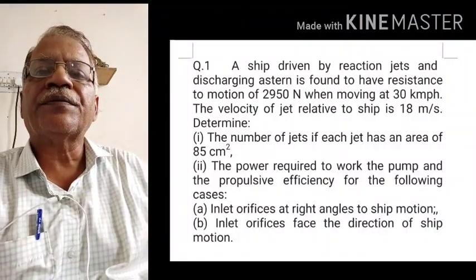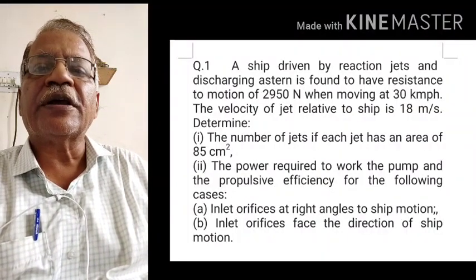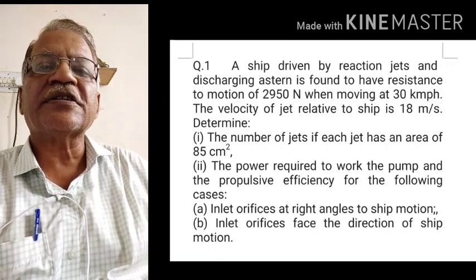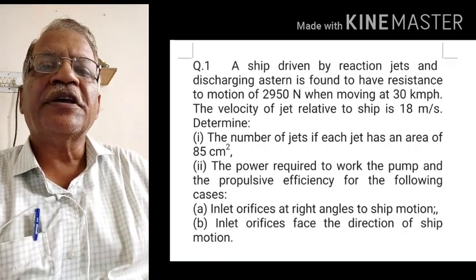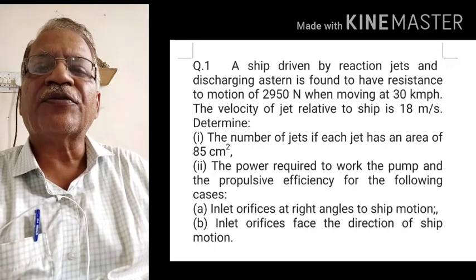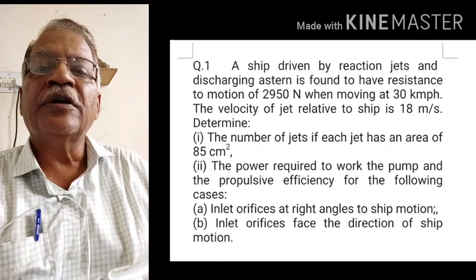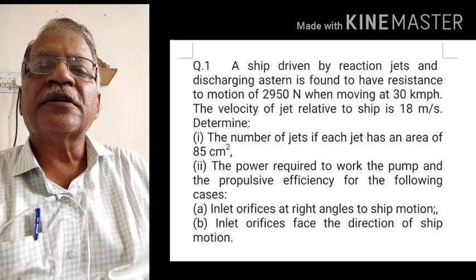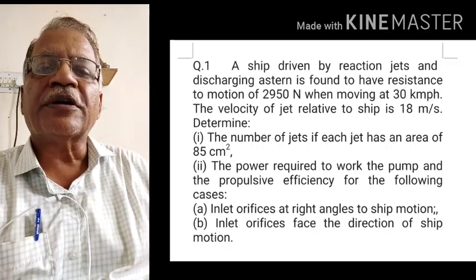Question number 1. A ship driven by reaction jets and discharged astern is found to have a resistance to motion of 2950 Newton when moving at 30 km per hour.